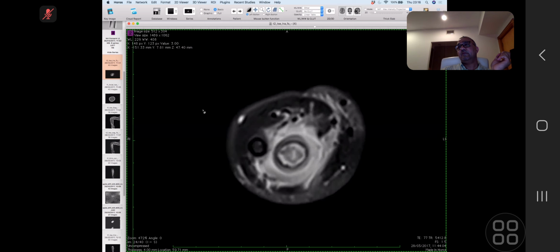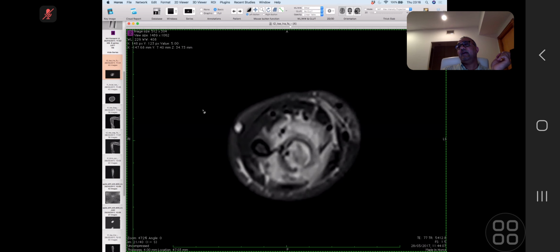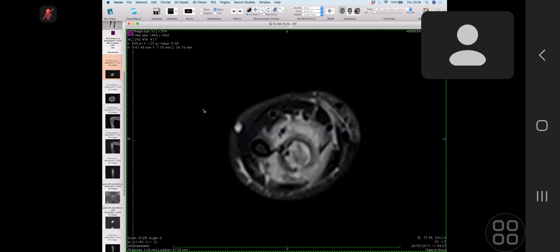I'm just going to stop there, and I want you to describe what you see on that image, please. Yes, the abnormal signal intensities involve the soft tissues and the cortical break, and there is abnormal signal in the bone marrow as well.